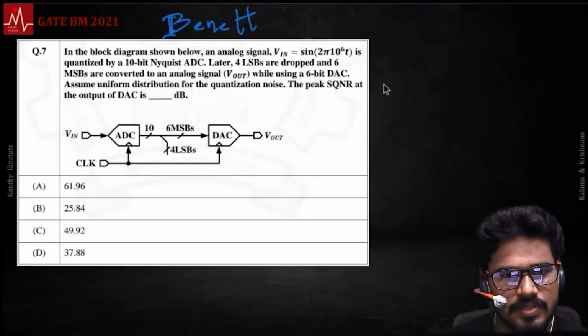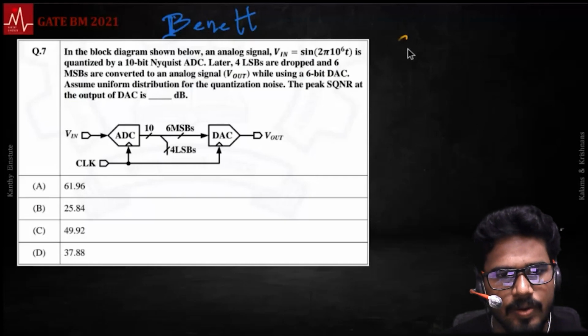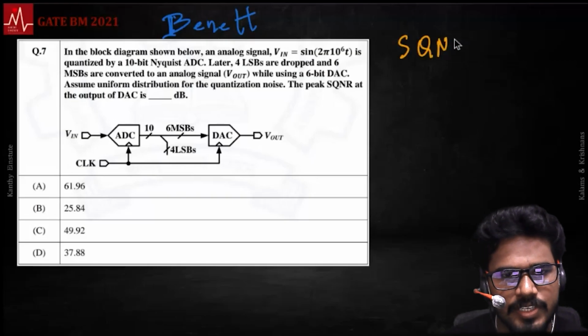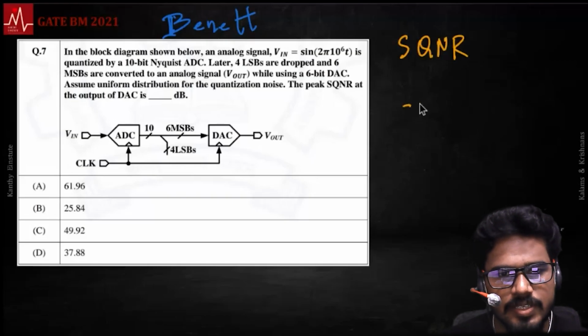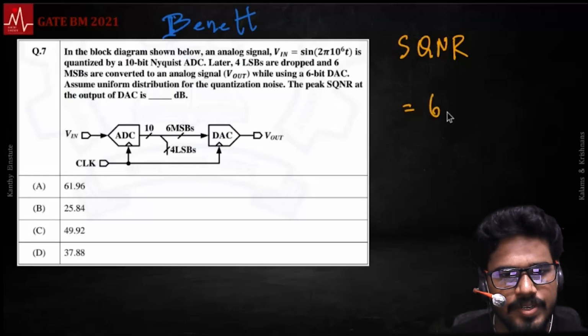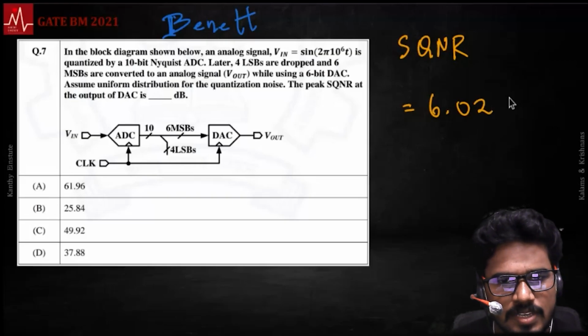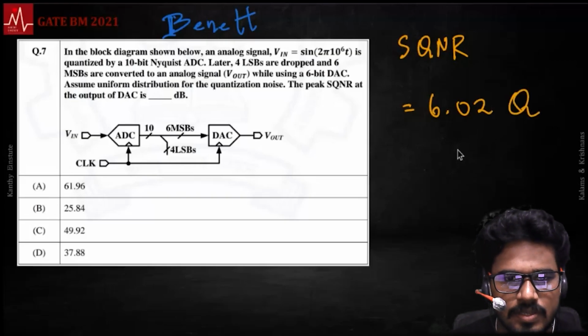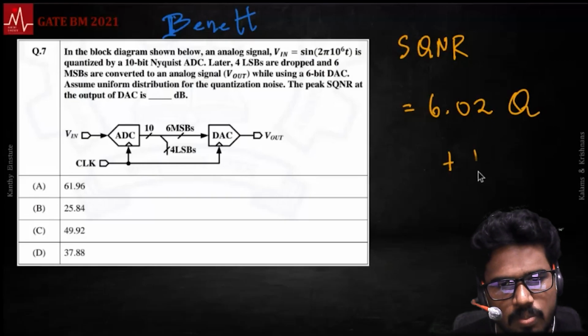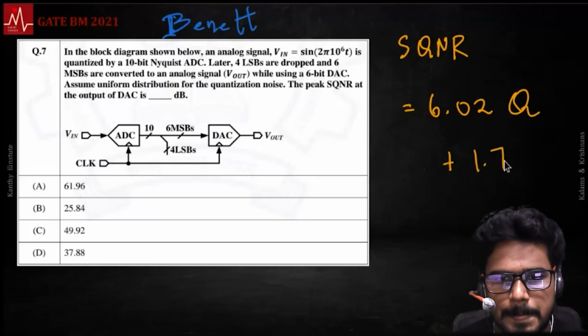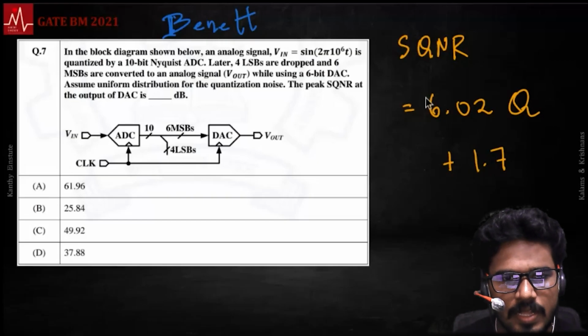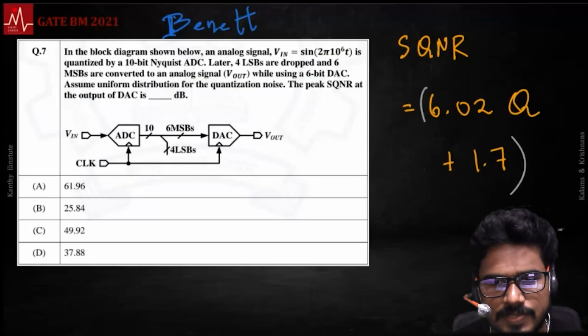When you digitize it, the signal to noise ratio is given by 6, Avogadro number is what I remember, right? Times the number of quantization bits, plus 1.7. And the whole thing is in decibels.